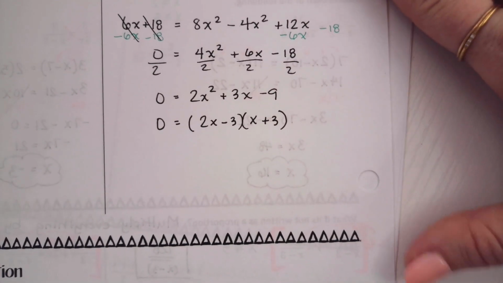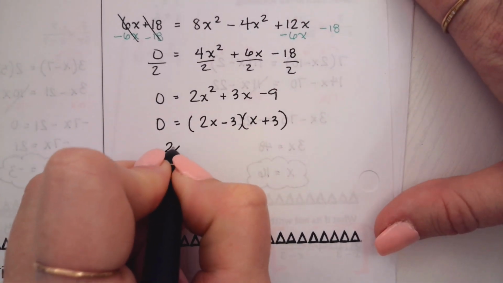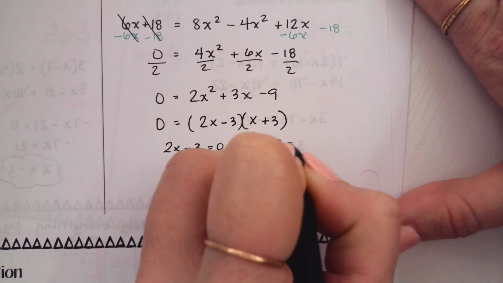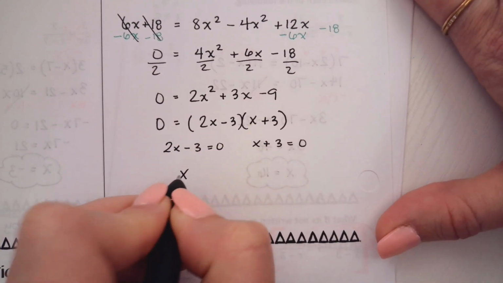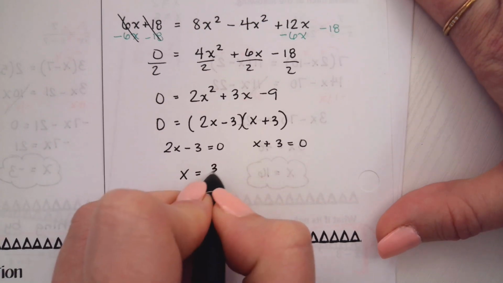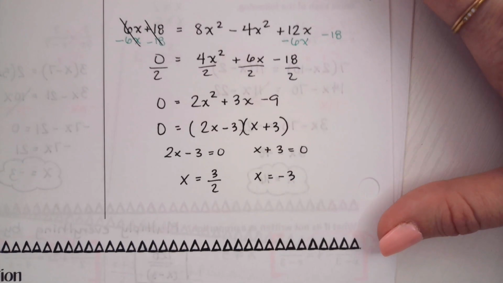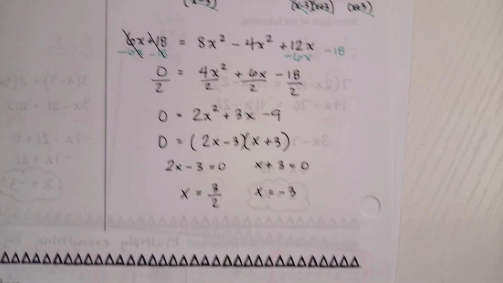Okay, then I'm going to take those and solve them. One's going to be 2x minus 3 equals 0. The other is going to be x plus 3 equals 0. Not negative 3 over 2. Regular 3 over 2 and negative 3. Let's go back to think about what our denominator is not allowed to equal.